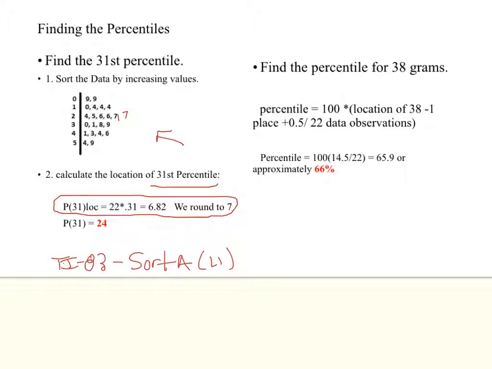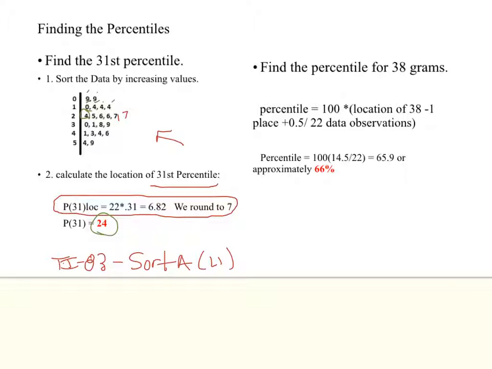That equals 6.82, but since it is not an integer, we round up to 7. Now we count from the beginning until we get to 7. We would count 1, 2, 3, 4, 5, 6, 7, and we notice it's at 24. So our 31st percentile is at 24.